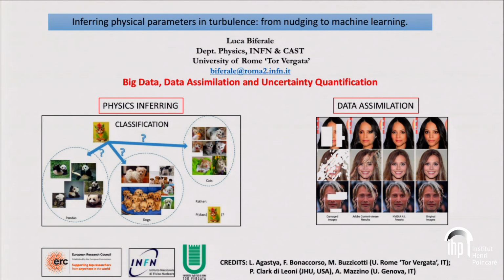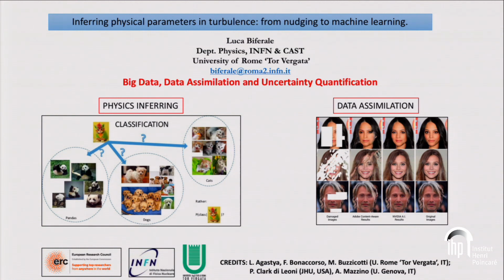Another very important issue, I don't have to teach you, is my translation to the artificial intelligence community of data assimilation. That is, you have some corrupted image or maybe some measurements only on a subset of your field, and you would like to have an algorithm that gives you the best guess everywhere for different purposes.